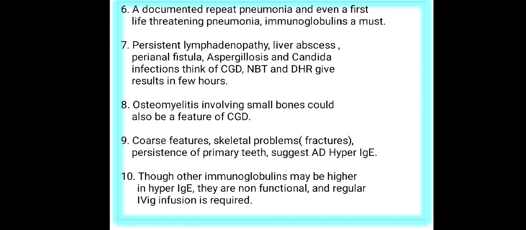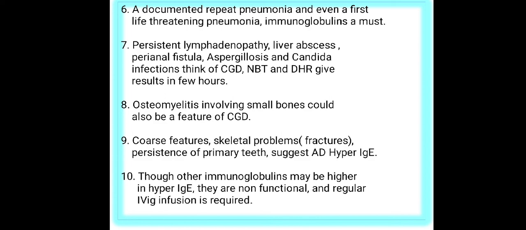Rarely do we go for immunoglobulin assay for a pneumonia case. So that's why we miss many cases of immune deficiency. Whenever there is an episode of life-threatening pneumonia, we should go for immunoglobulin assay.